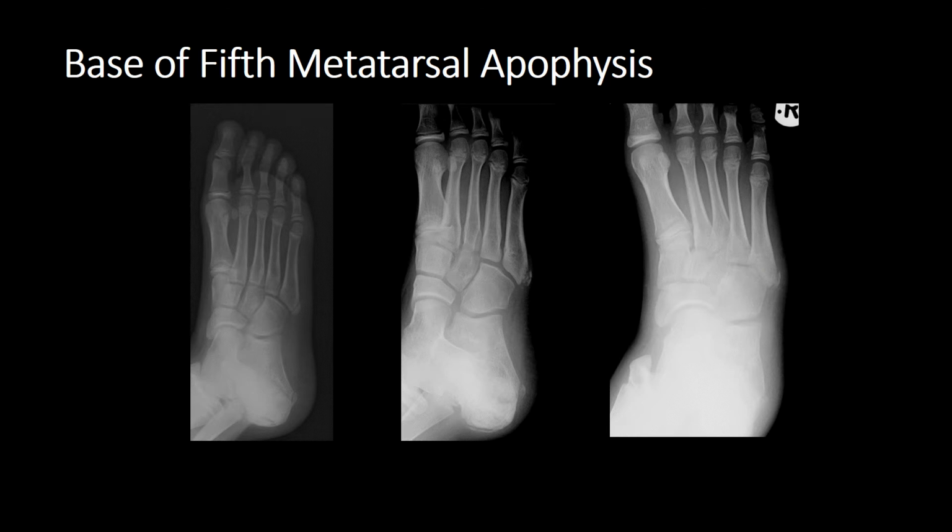Now, it's important to understand that a base of fifth metatarsal apophysis may be multifragmented or bipartite, or originate from a single ossification centre. These are all normal appearances and must not be misconstrued as a fracture.